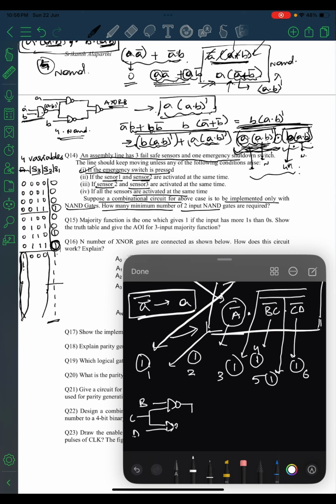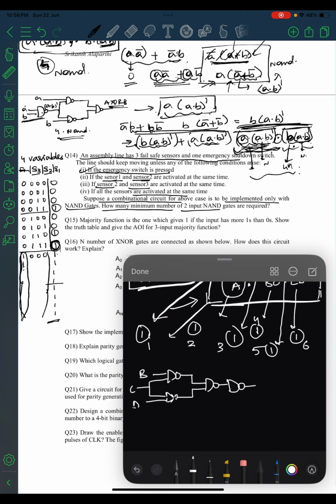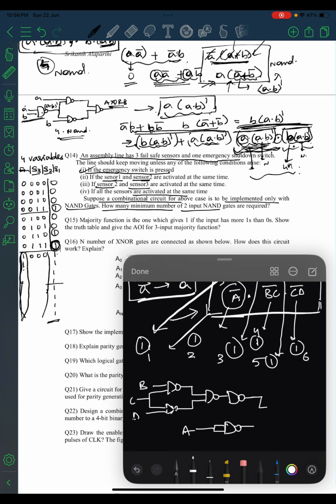Now these two are performing a NAND again, and there is an inversion operation, and at this point we have a NAND, and this comes to another NAND. 1, 2, 3, 4, 5, 6. So this is the representation, right?